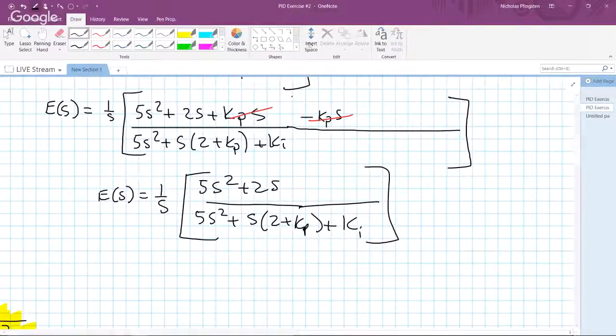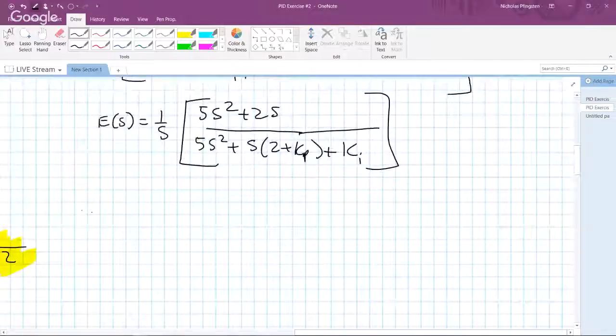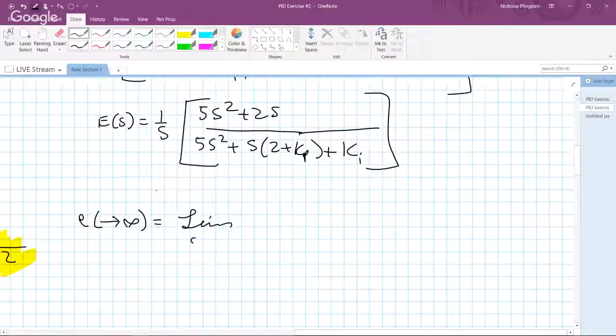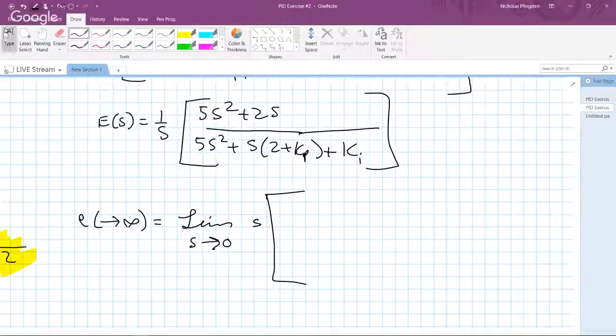Well, not the transfer function, the error function. So we do that. We have e as it approaches infinity. Taking the limit as s approaches 0, we'll have s equal all of that.